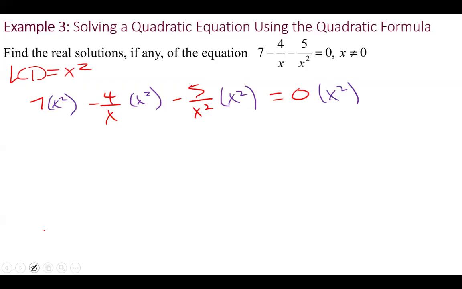Because I multiply everything by that LCD, it balanced the equation. The equation is still balanced. Does that make sense? Okay.